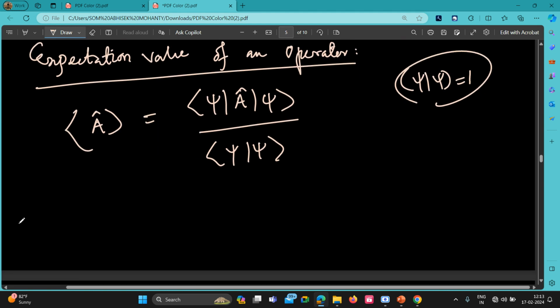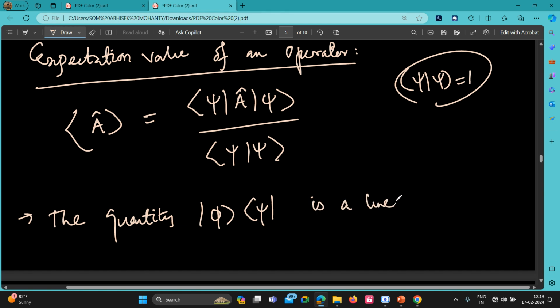Okay. Next, write down the next point. The quantity ket phi into bra psi, that is, the product of a ket with a bra, is a linear operator in Dirac's notation.